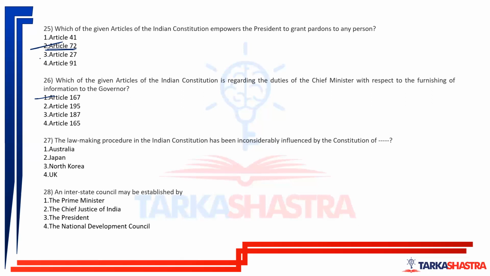The law-making procedure of the Indian Constitution has been considerably influenced by the Constitution of Japan. The Inter-State Council may be established by the President.